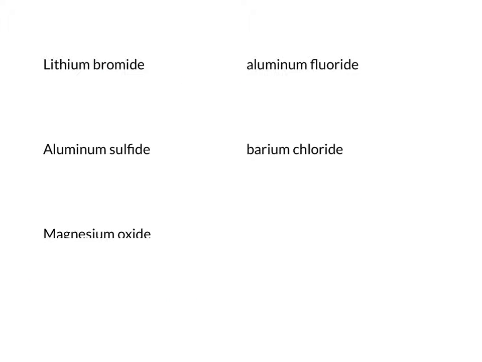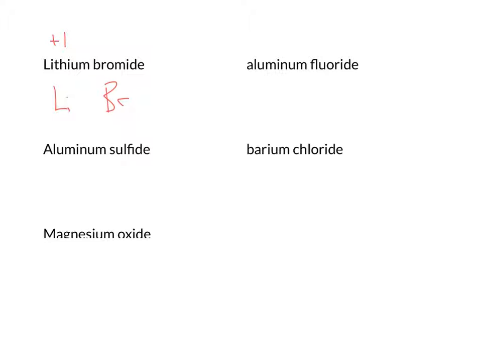When writing the formula for ionic compounds from the name, the first thing I like to do is write the symbols. So we have lithium and bromine. The next thing above the name would be to identify their respective charges. So lithium has a charge of +1 because it's in column 1A.